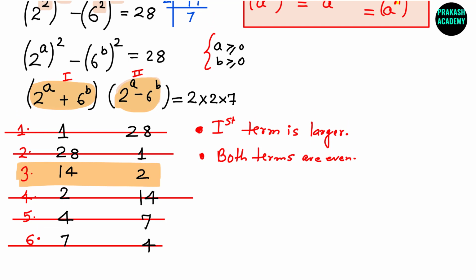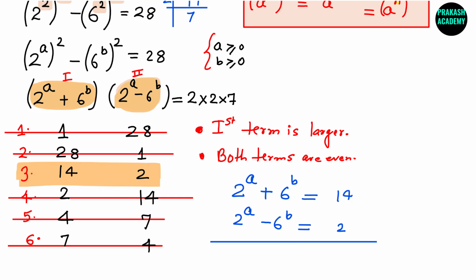So I have 2 raised to the power a plus 6 raised to the power b equals 14. And the second equation is 2 raised to the power a minus 6 raised to the power b equals 2. So now you can solve these two equations. If you add these two equations, this cancels out.